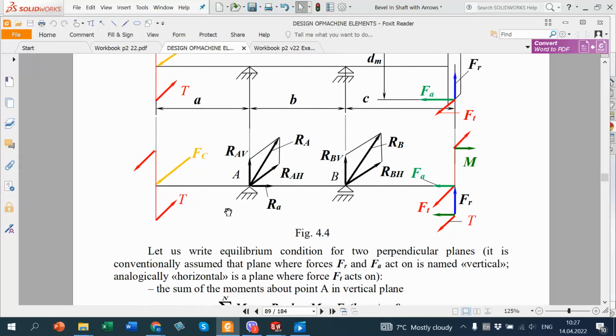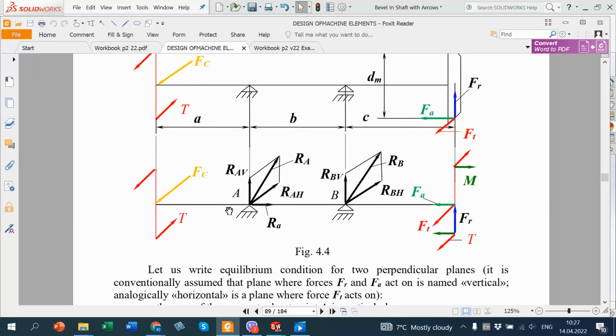So, how to find reactions? You see that we have reaction in vertical AV and horizontal AH. The same BV and BH. So total reaction RA and RB, we consider it in two components, AV and AH.